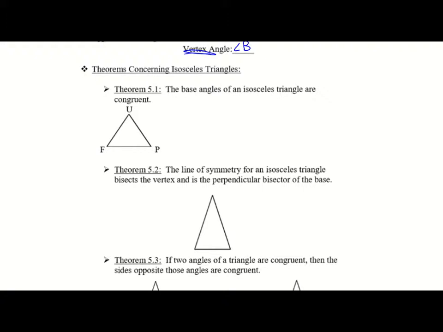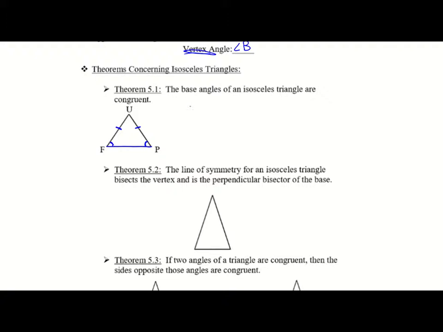So our first theorem is that our base angles of an isosceles triangle are congruent. So remember, our base angles are those angles that are on our base of our triangle. So if this is our base, that means these are our legs, these are the congruent sides, then these two angles are always going to be congruent in an isosceles triangle.